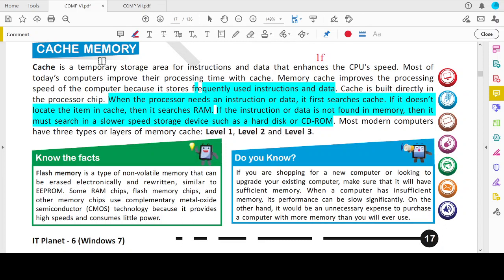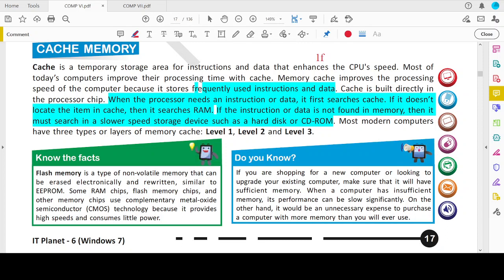So cache is a kind of temporary storage area that is used with the computer's processor, that is built directly in the processor chip.